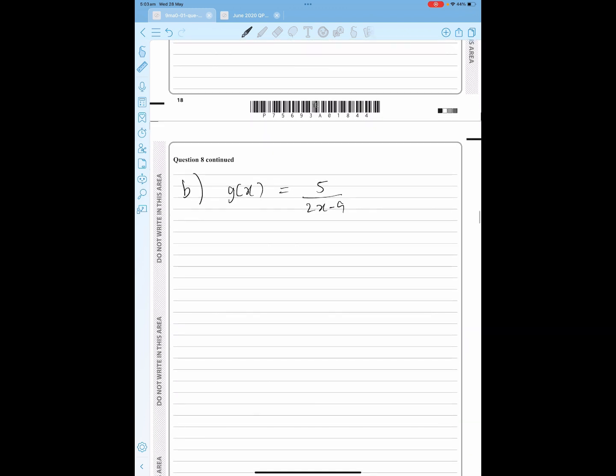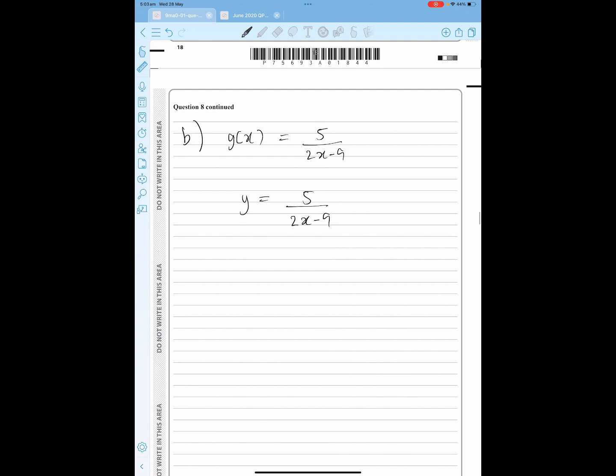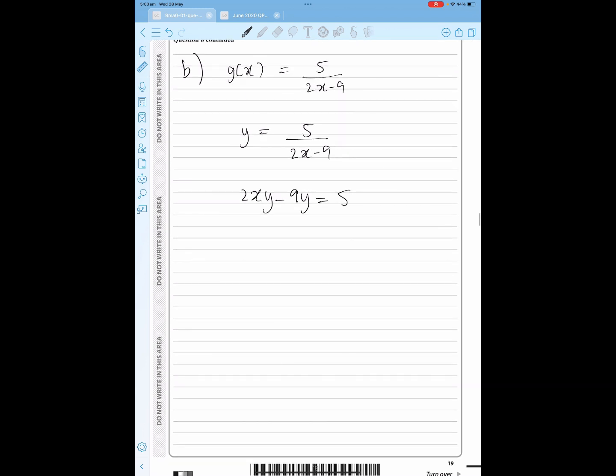So for g inverse, you would just let g of x equal y, 5 over 2x minus 9. You would rearrange for x. 2xy minus 9y is equal to 5. So 2xy is equal to 5 plus 9y. x is equal to 5 plus 9y over 2y.